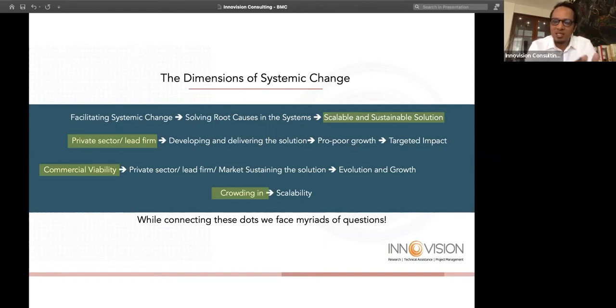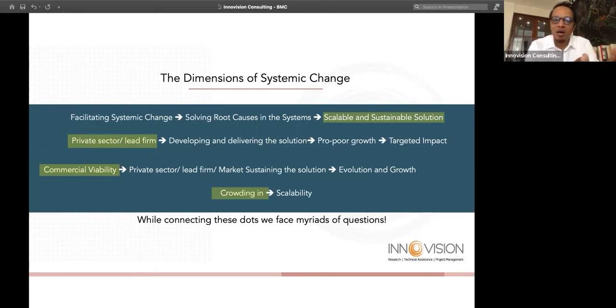And we expect that the private sector and the lead firms would be developing, investing, and delivering the solution, which will have its intended impact, pro-growth, on the beneficiaries that we are targeting. So in the pursuit of scalability and sustainability of the solution, we're very much interested in the viability of the intervention that is being promoted.